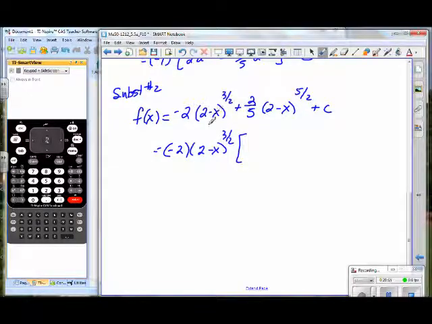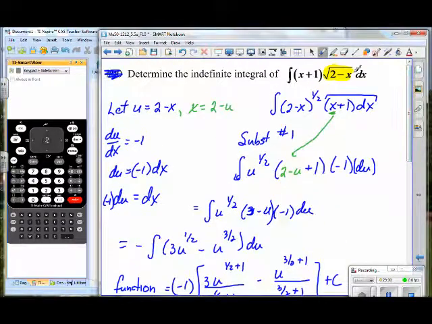That would leave me with 1 plus 1/5 times 2 minus x, and if I take 2 minus x to the 3/2 out of 2 minus x to the 5/2, I would simply have it to the first power, plus c. And again, we can check this by taking the derivative of this quantity and seeing if we get right back to this derivative right there.